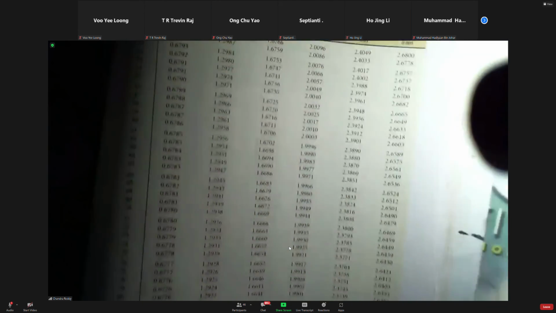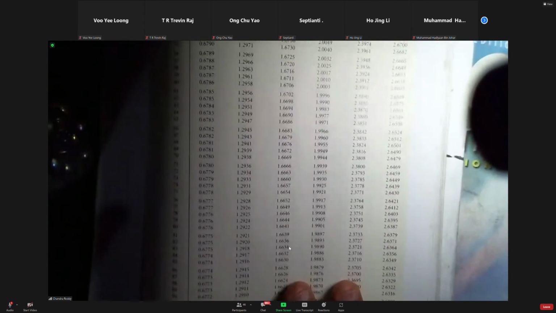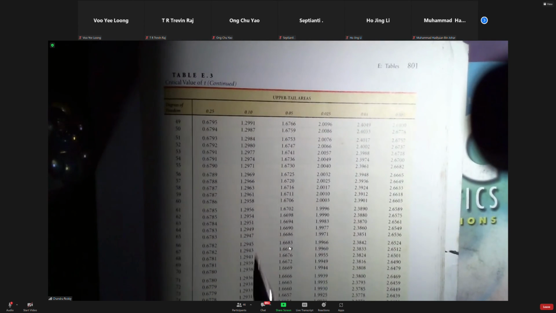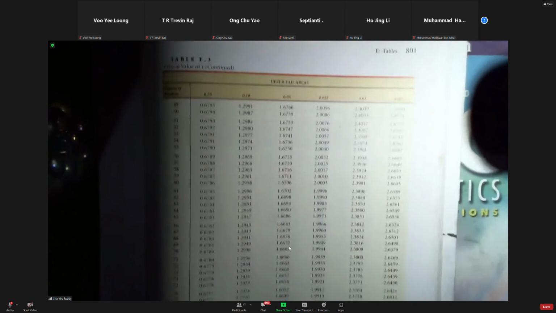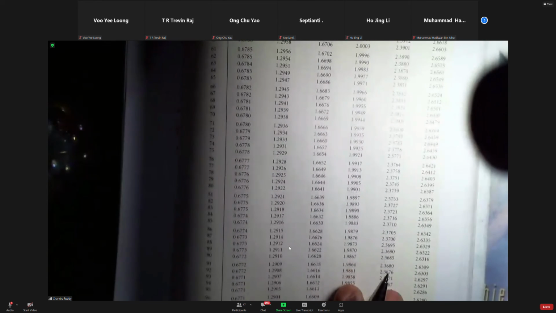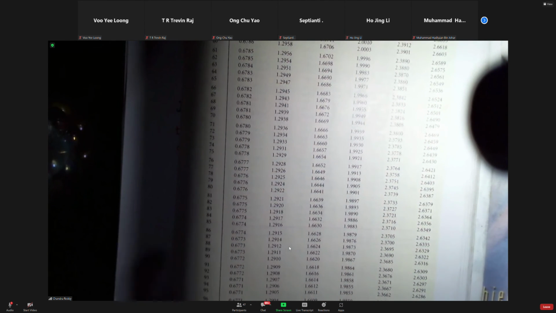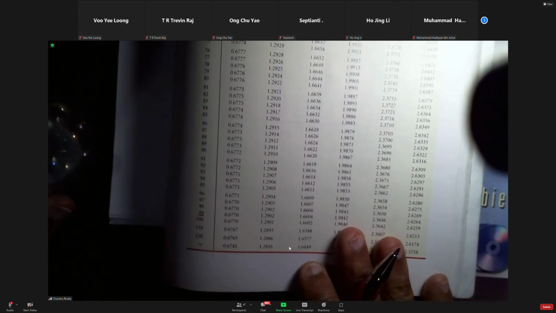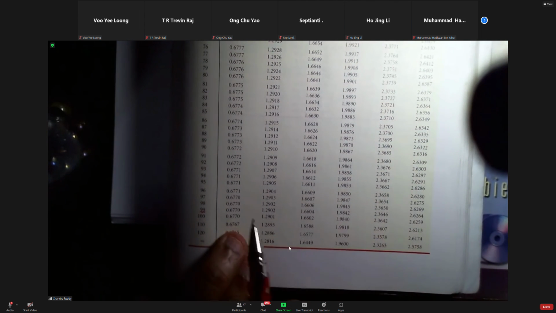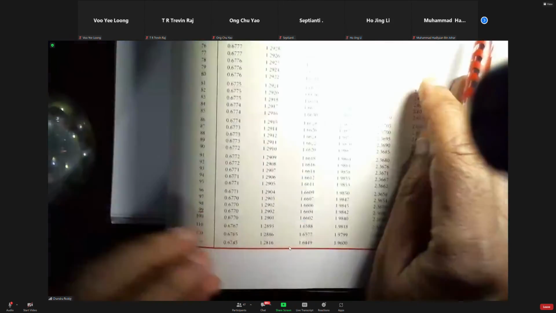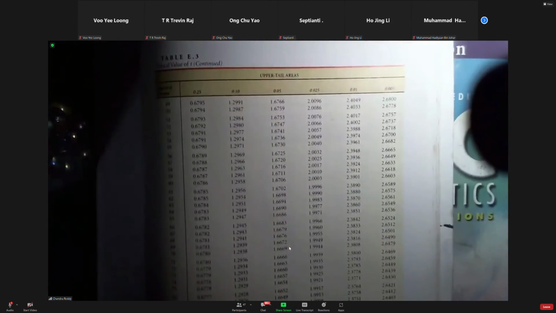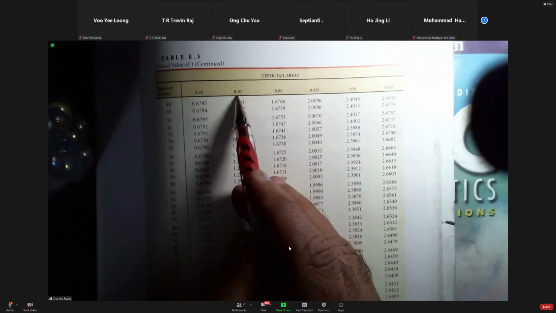So you can look at the tables here. These are the T distribution tables. This is the critical value of T. I'm looking for 99 degrees of freedom. The alpha value is 0.10, the upper tail alpha.